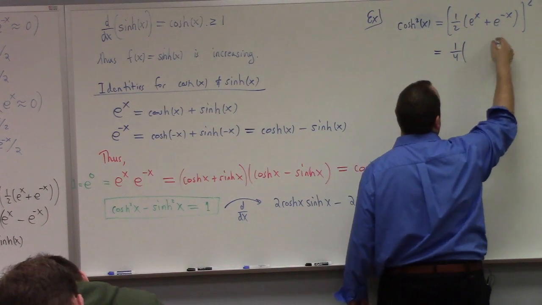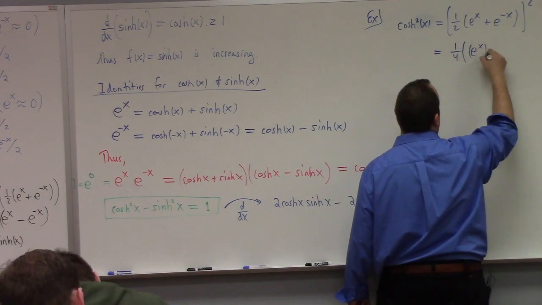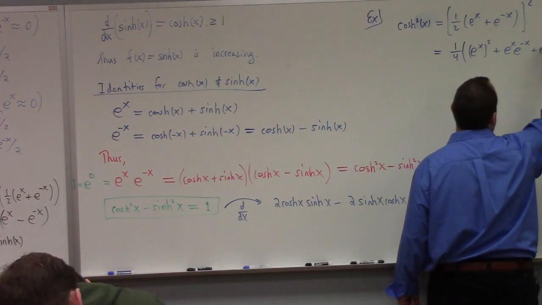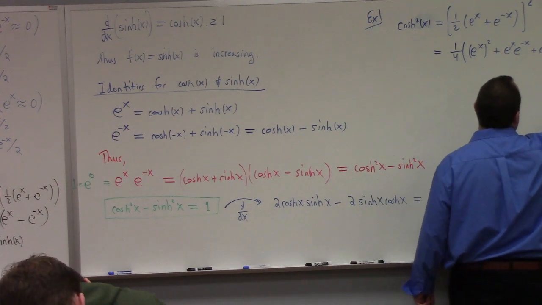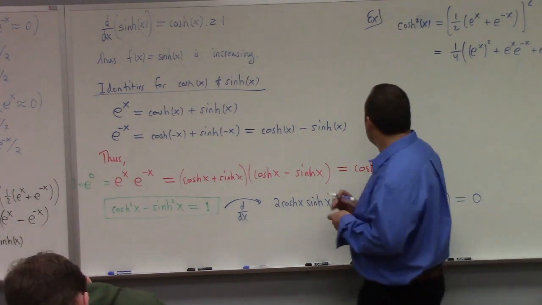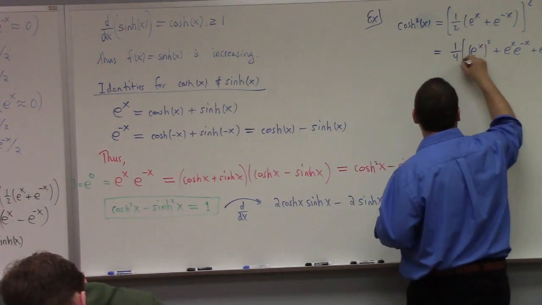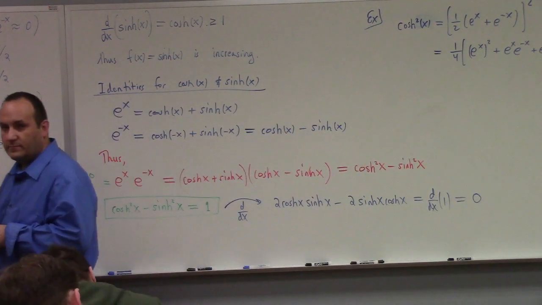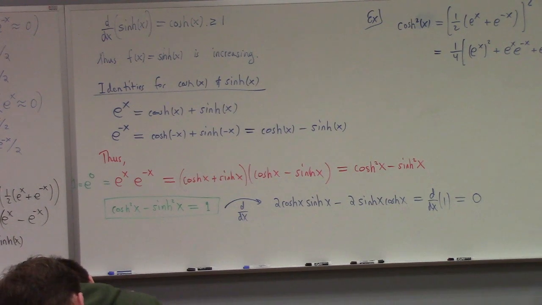And then what happens when you square this? You get e to the x squared, plus e to the x times e to the minus x, plus e to the minus x times e to the x, plus e to the minus x squared. But you guys know laws of exponents, right? So the middle two terms are just what?